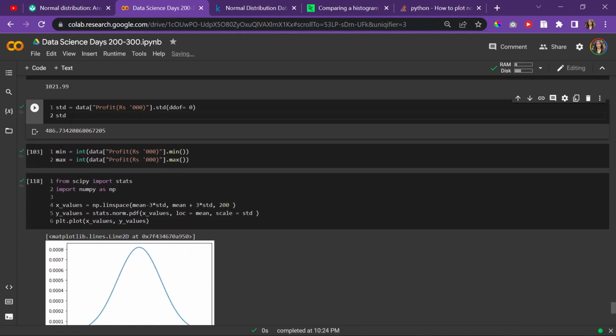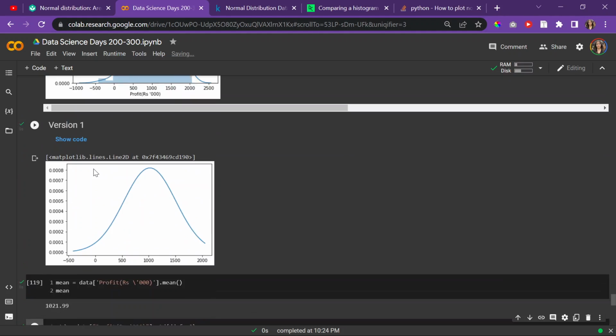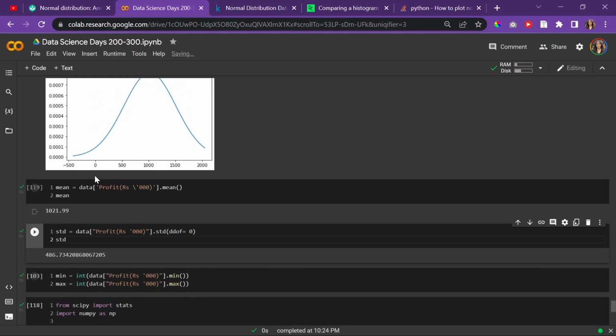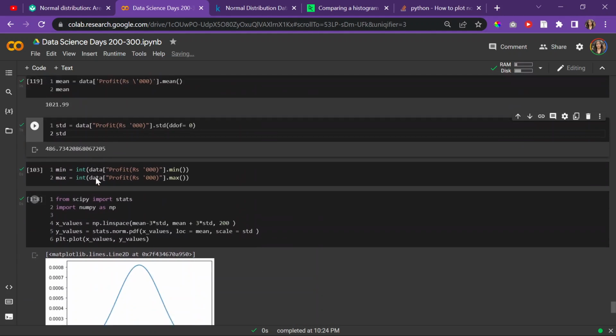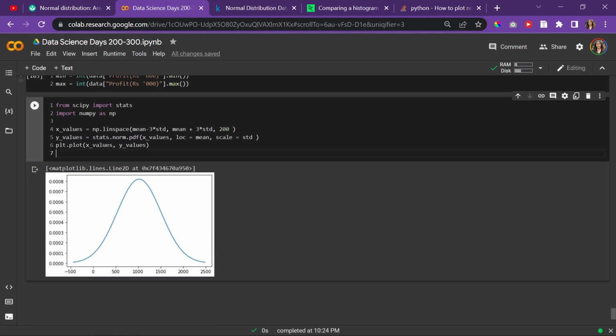So this is a better version. Version 1. Version 2, which is the better version. And I think over here, did I import Matplotlib? I think I imported it somewhere, so I should have it as the title. So I'll do normal distribution.